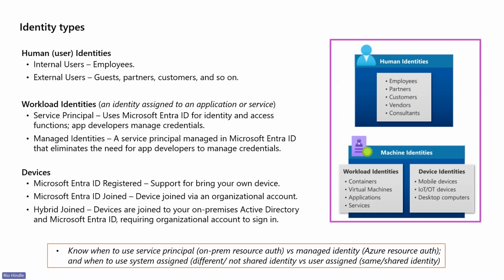For our purposes, we'll refer to these as user identities. You can assign identity to a physical device, such as a mobile phone, desktop computer, and IoT device, an Internet of Things device. And lastly, you can assign identities to software-based objects, such as applications, virtual machines, services, and containers. And these tend to be referred to as workload identities.